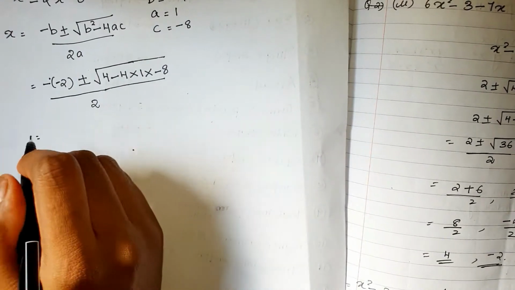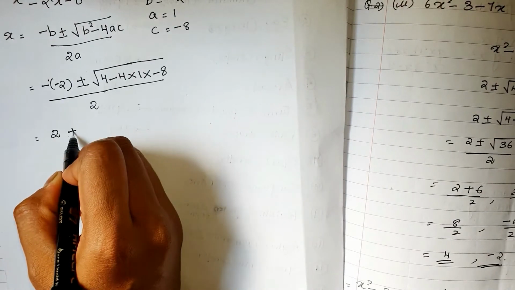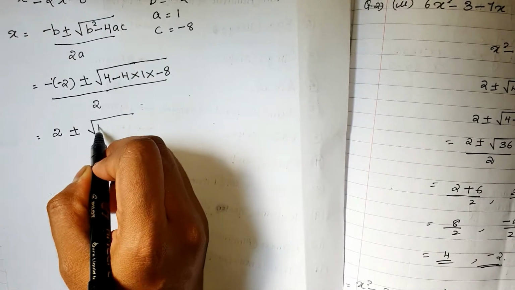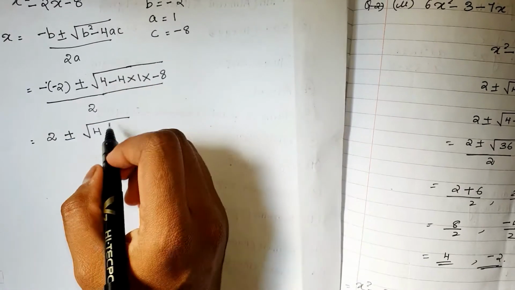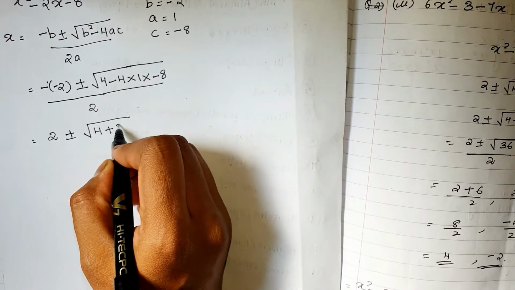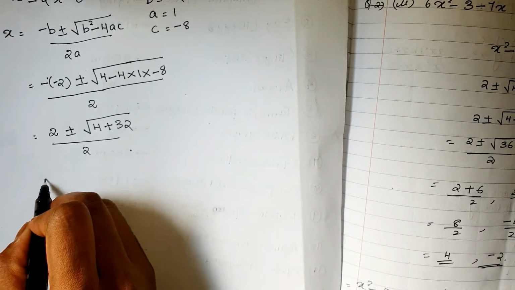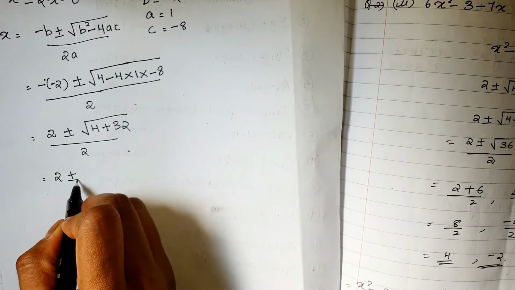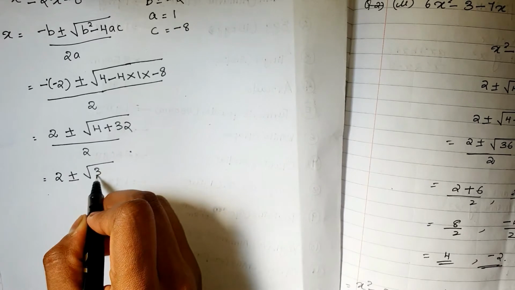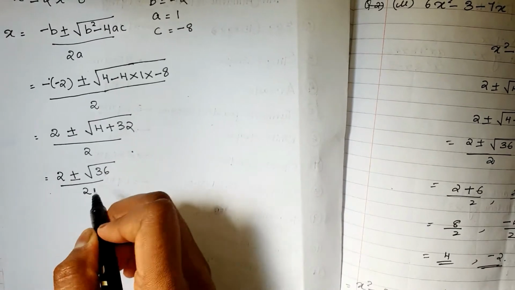So minus into minus is plus 2, plus or minus root of 4, minus into minus is plus, plus 8 fours are 32, the whole divided by 2. That is equal to 2 plus or minus root 36 by 2.